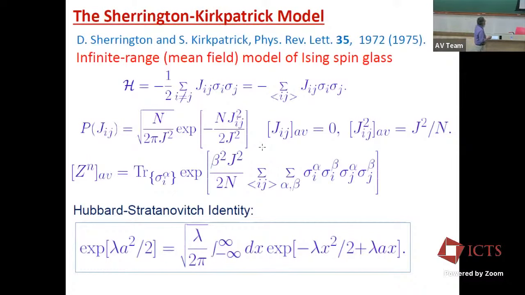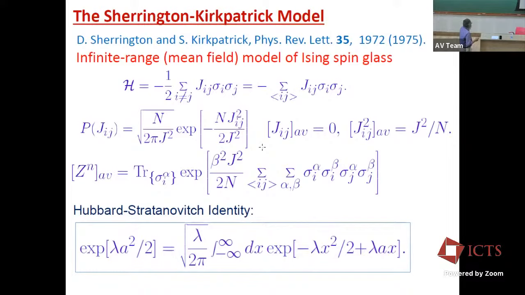But taking some kind of Gaussian distribution, the J squared average you have to scale by N to make sure that you eventually get the thermodynamic limit properly, in the sense that the internal energy, etc., will be proportional to the number of spins. This kind of scaling is required for that.